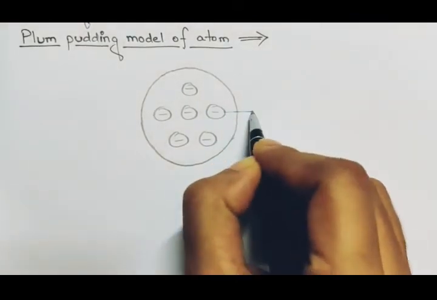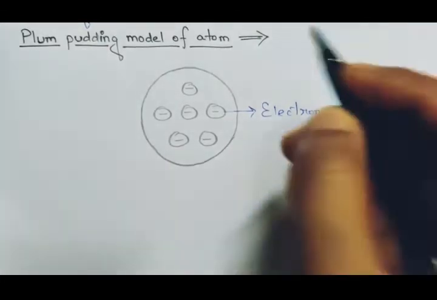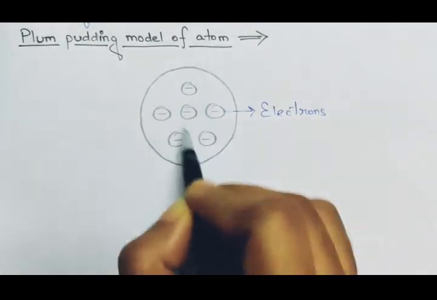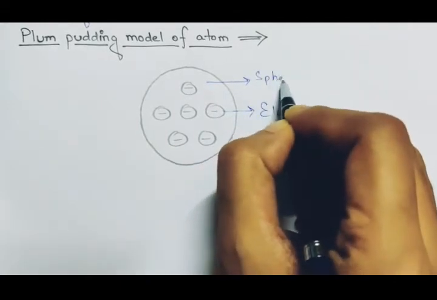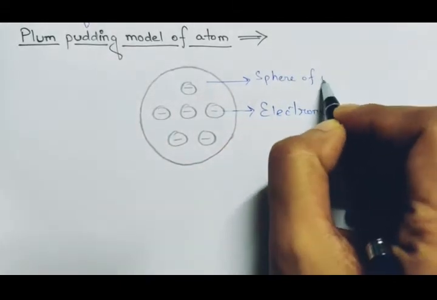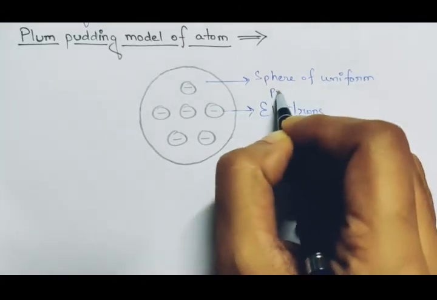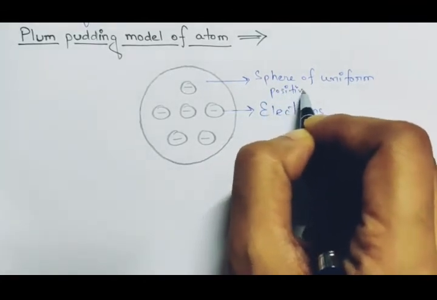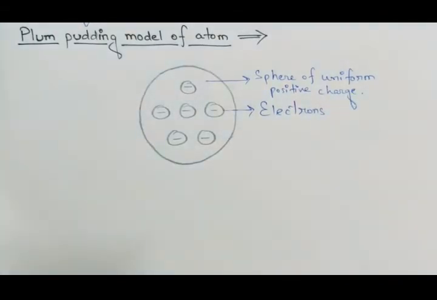So these are the electrons, and these vacant spaces, this is the sphere of uniform positive charge. Clear? So in this way Thomson explained his atomic model.